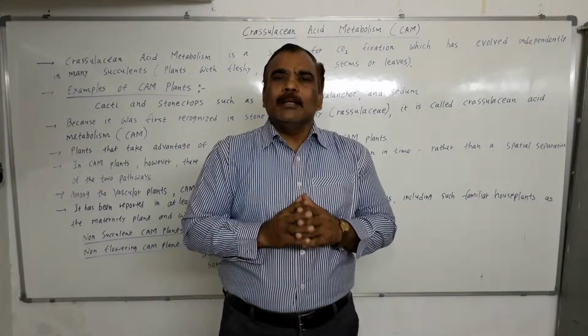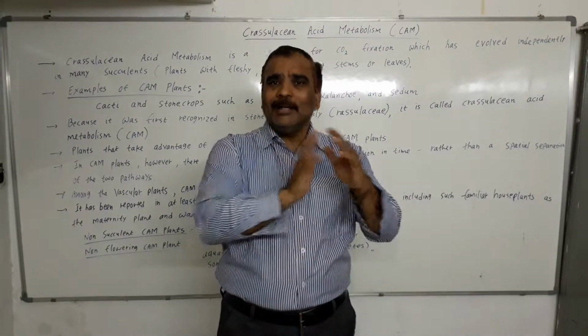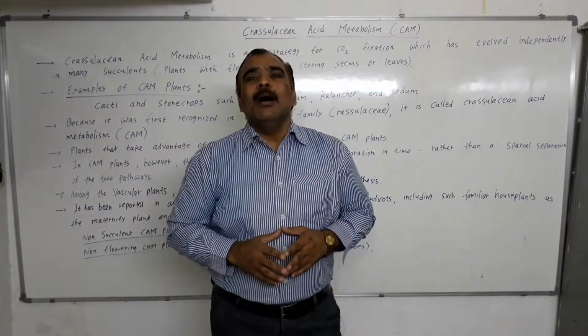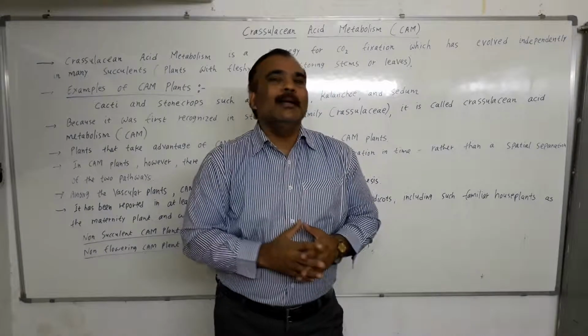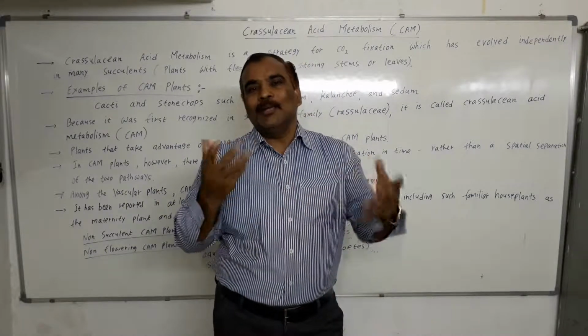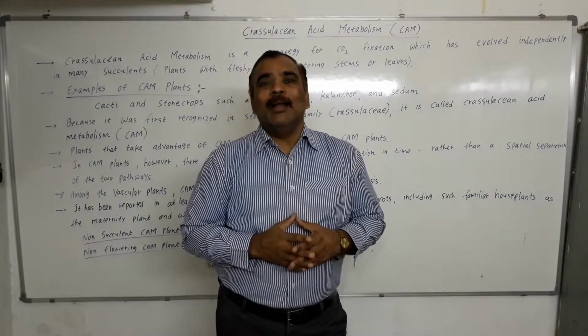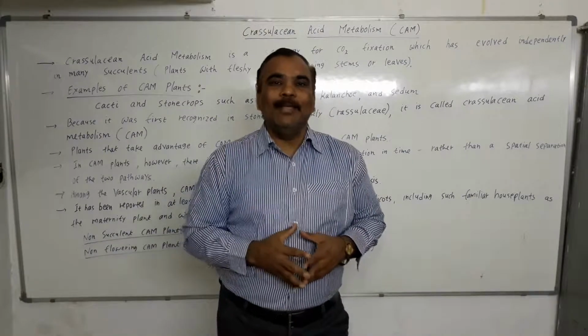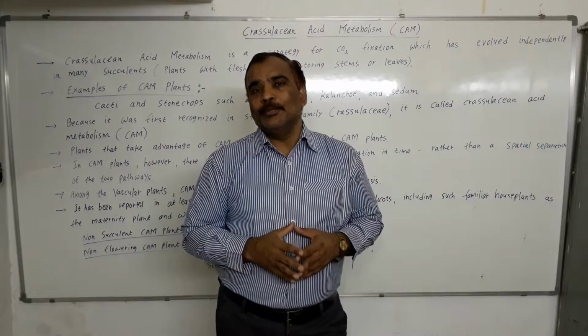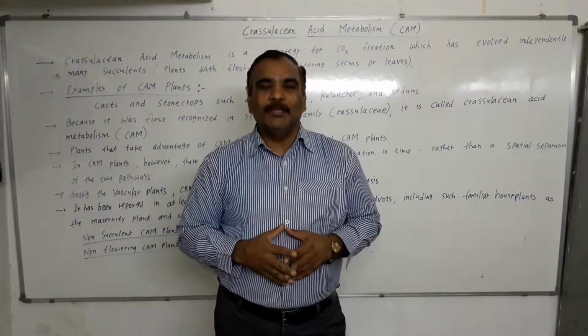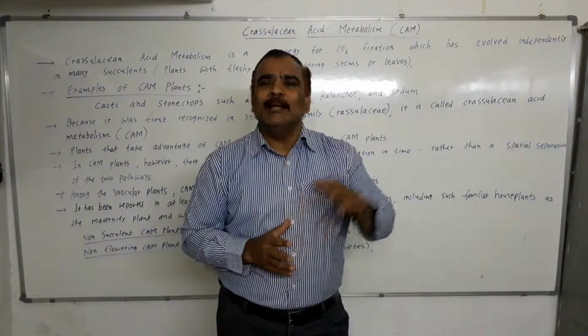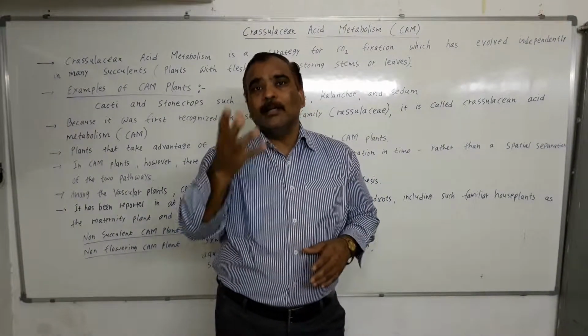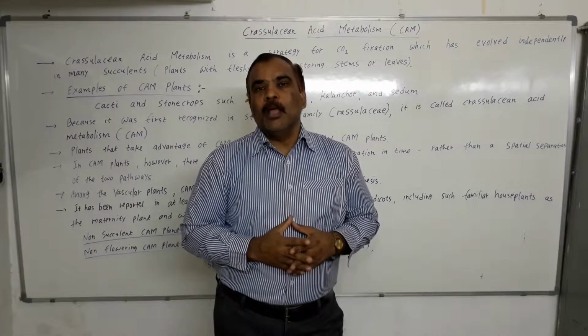Now, this CAM, crassulacean acid metabolism, occurs in succulent plants. Succulents are the plants which have fleshy leaves and fleshy stems, and in these fleshy leaves and stems, water is stored.